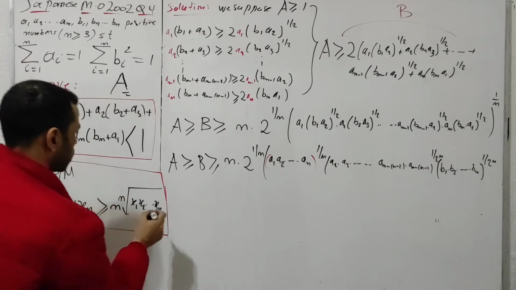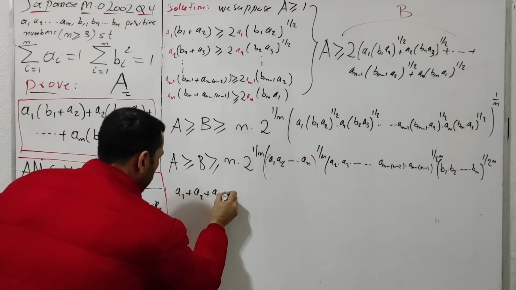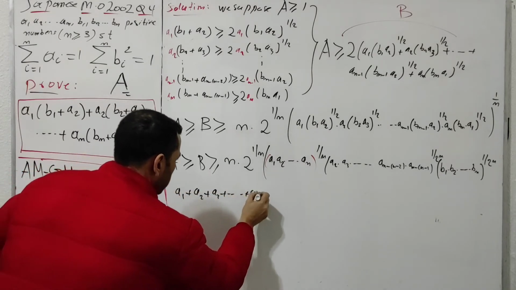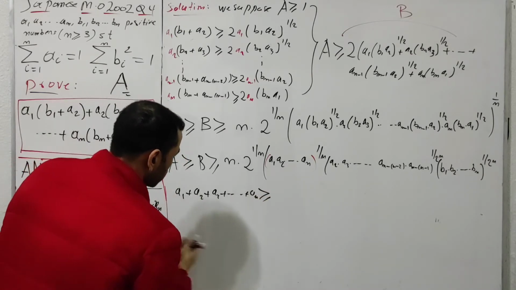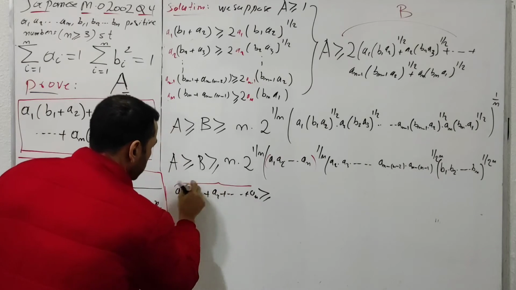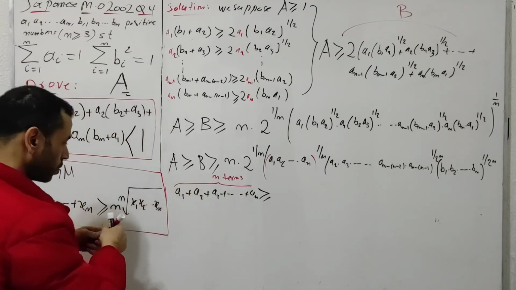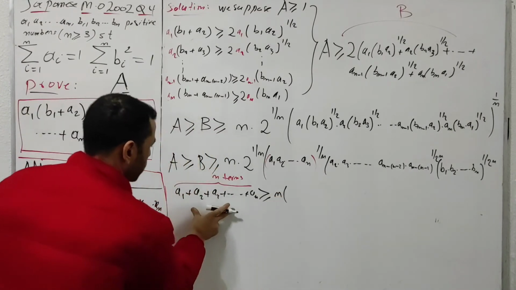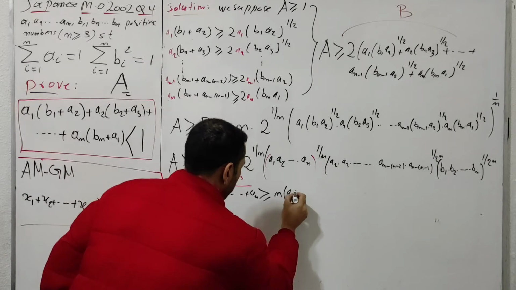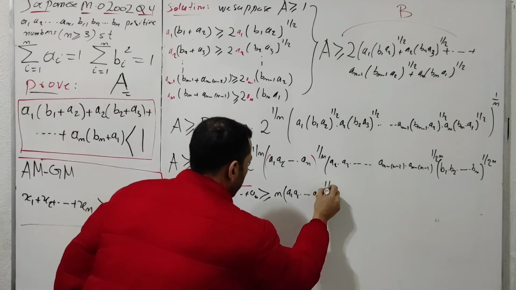So I have this sum, E sub 1 plus E sub 2, E sub 3, and all the way down to E sub n, is superior or equal to, I have n terms here, n multiplied by the product E sub 1, E sub 2, and all the way down to E sub n, raised to the 1 over n as an exponent.